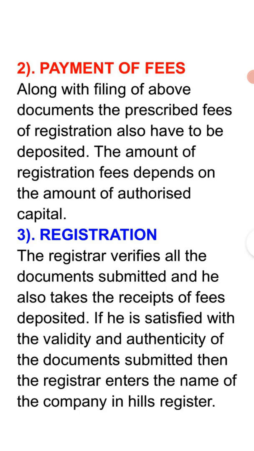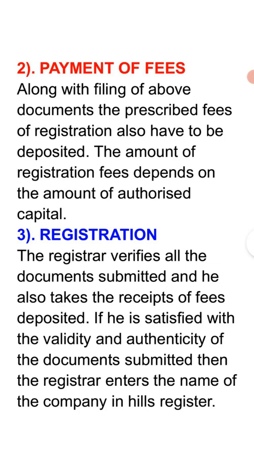In this, the registrar verifies all the documents submitted. Whatever documents you have submitted will be verified by the registrar, and he also checks the receipt of the fee deposit. Whenever you deposit the fee for the registration, you will get a receipt. That receipt will also be cross checked by the registrar.